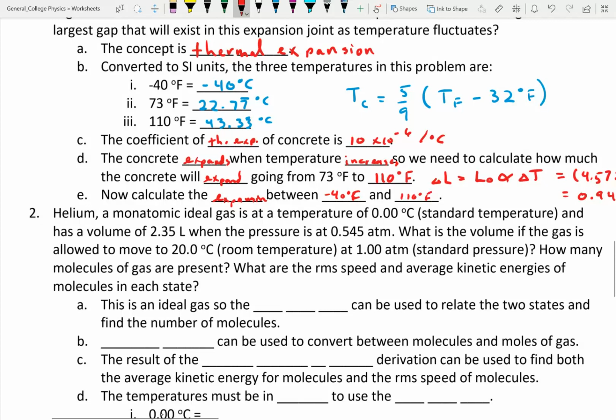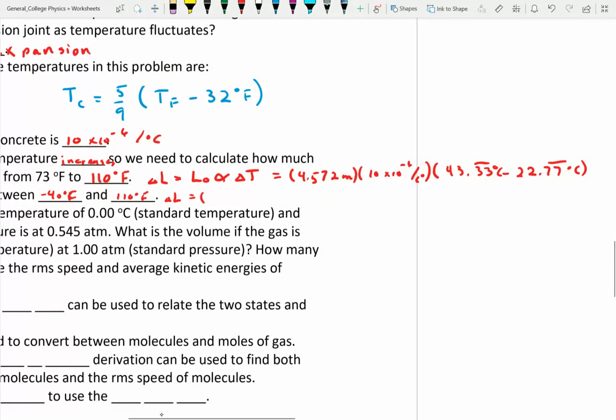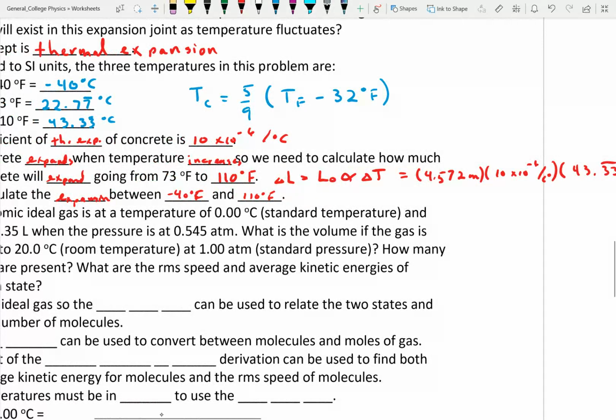So I just do the same calculation. I am a purist. If you use the 15 feet or 4.572 meters, you would get the same answer.